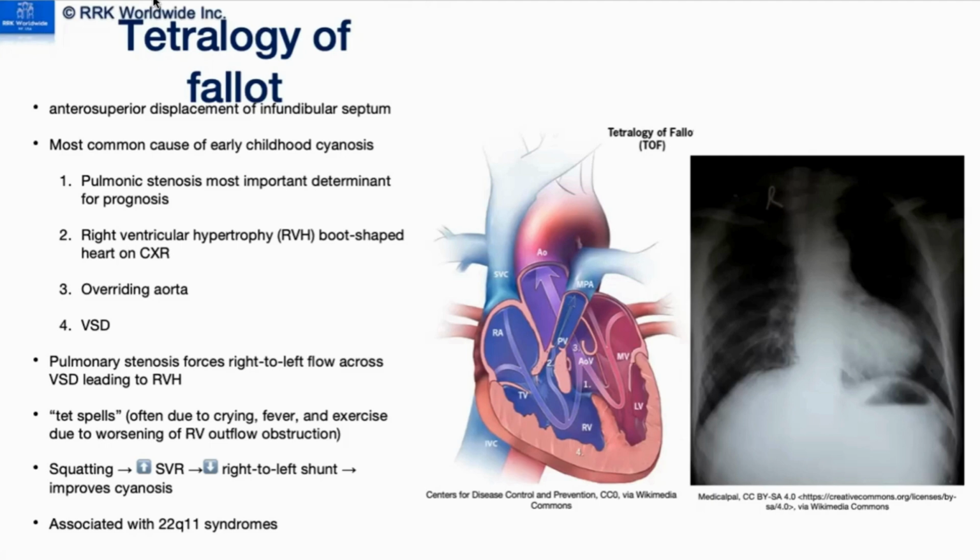Essentially, your systemic vascular resistance, or the resistance in your systemic vessels, is going to increase greatly. So when you have increased systemic vascular resistance, it's going to decrease this right to left shunting. Ultimately, it's going to improve your cyanosis. So that's why squatting improves the cyanosis, and that connection on a pathophysiologic level is relatively important, because they will sometimes want to go after that.